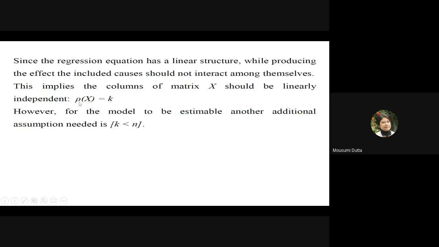Now, rank is the minimum of independent rows or columns. So by what logic am I selecting K, not N? The logic is the second one.